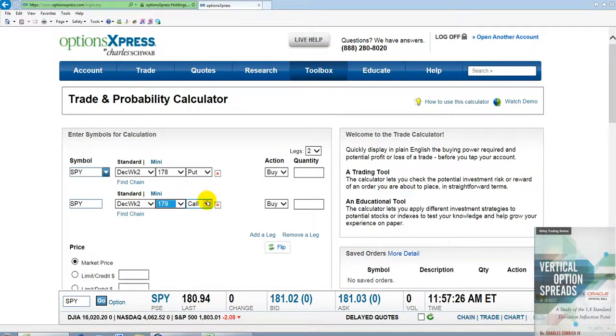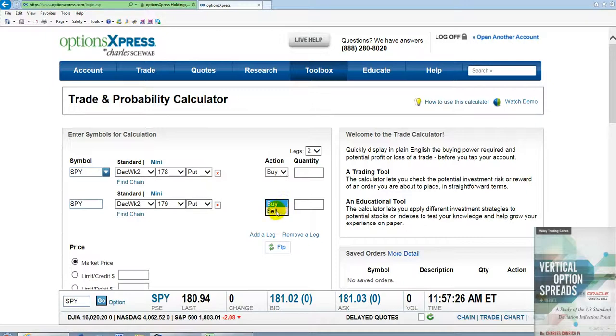Now the reason I'm doing this is that I'm being a little bit conservative. In other words, I think the SPY is going to go up, but I'm not sure, so I'm giving myself a little bit of room, trading room, below the 181 price. In other words, it can come down, obviously, 20 points, and I still might be able to keep my credit.